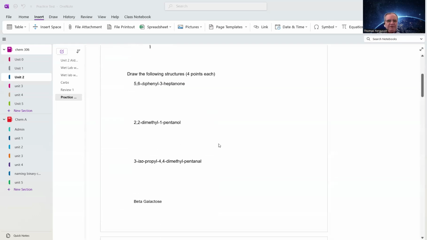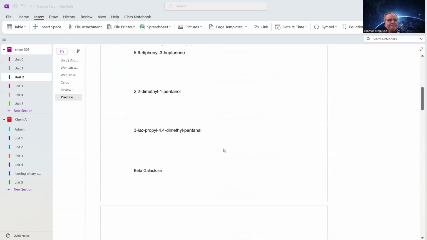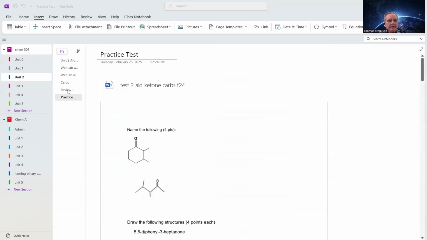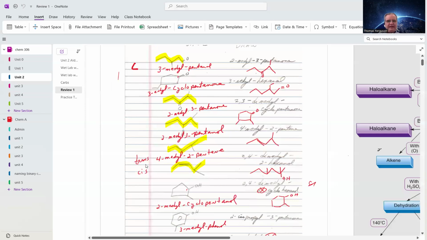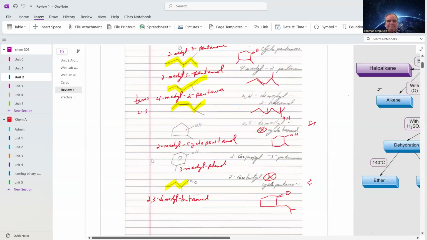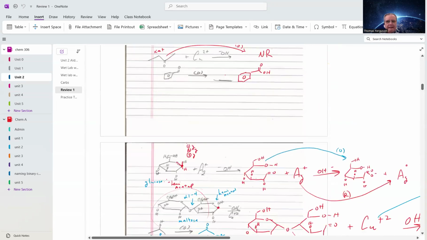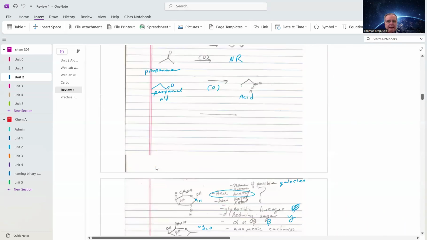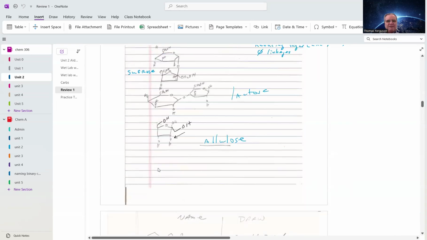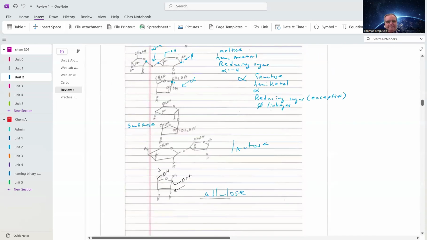All right, so what I'm going to do is go over some worksheets I have, and I've got the answers as well. And give you an idea of what a typical test question might look like.